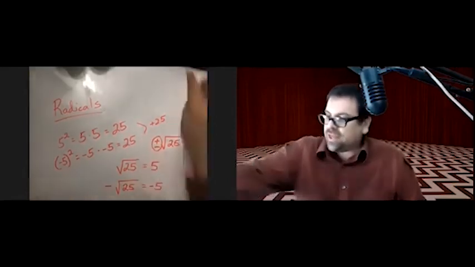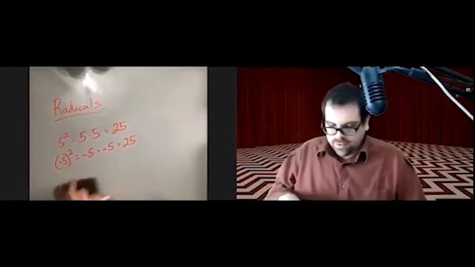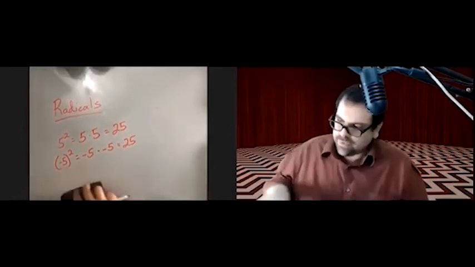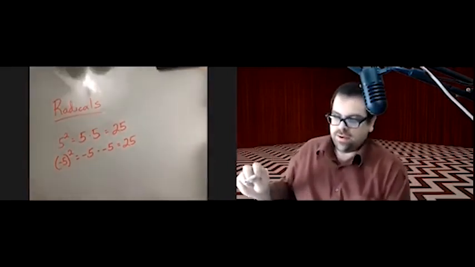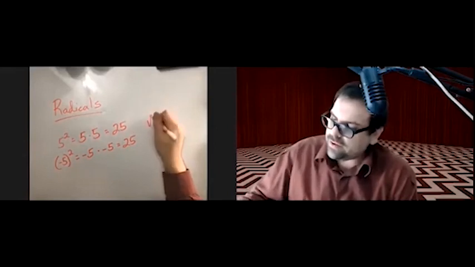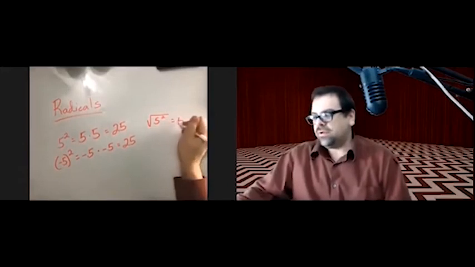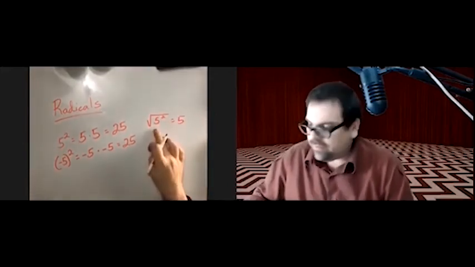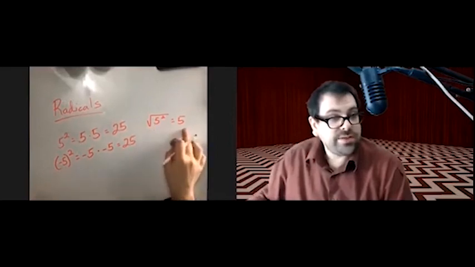Now, this brings up another issue. I said, hey, the square root and the square cancel each other out. That's why the square root of 5 squared, the square root of 25, is 5.